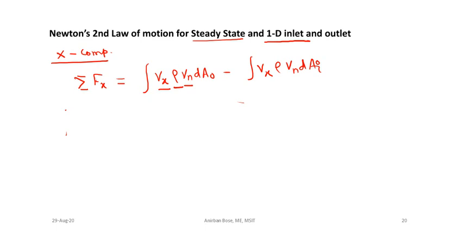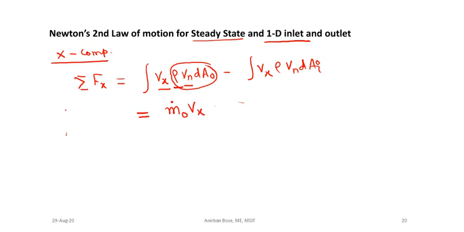So what we can write is that this is equal to this rho Vn into dAO. If we club this quantity, then this quantity, if you integrate, is nothing but m dot, total m dot that is going out of the system, into Vx.